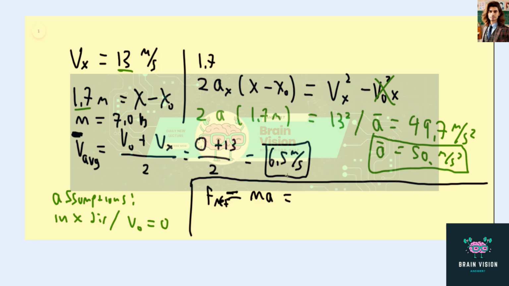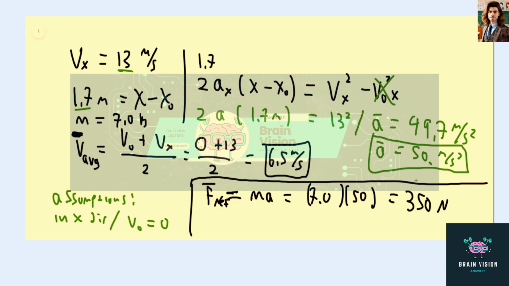So 7.0 times about 50 meters per second squared gives us 350 newtons. That's the average net force, from our average acceleration.